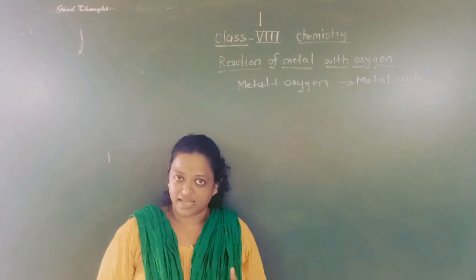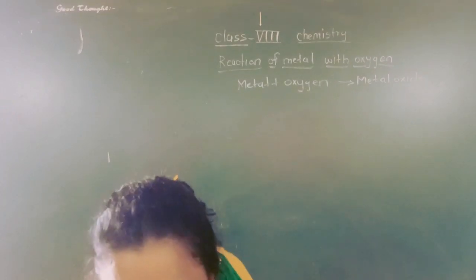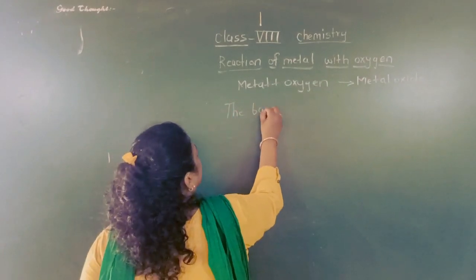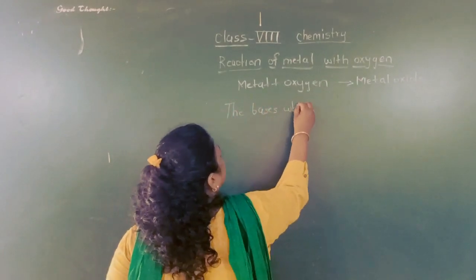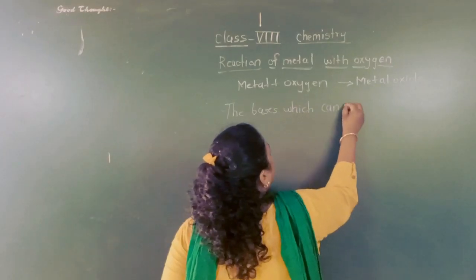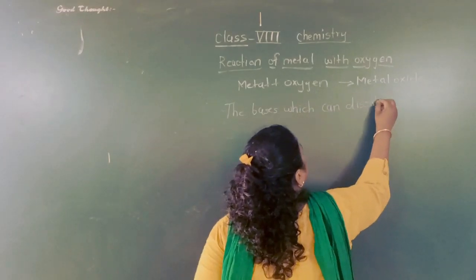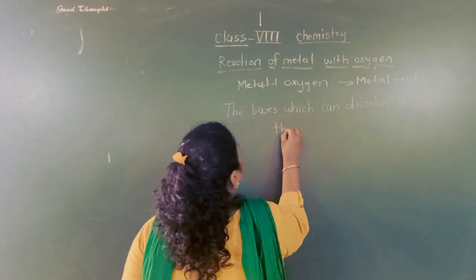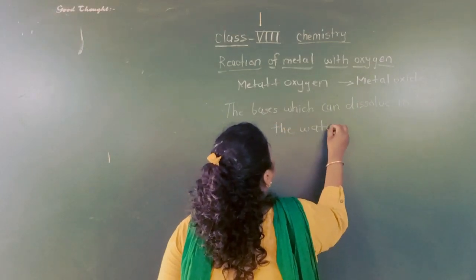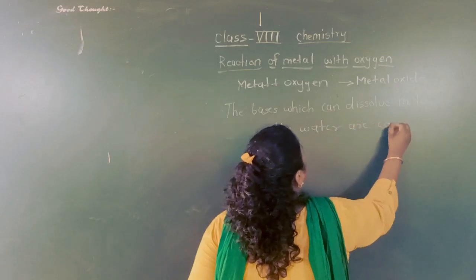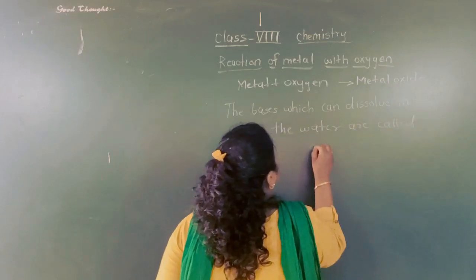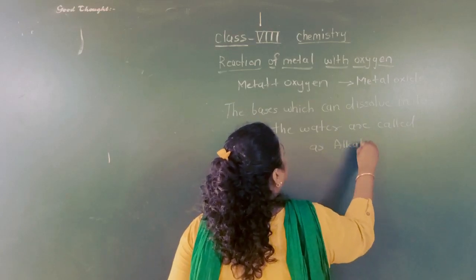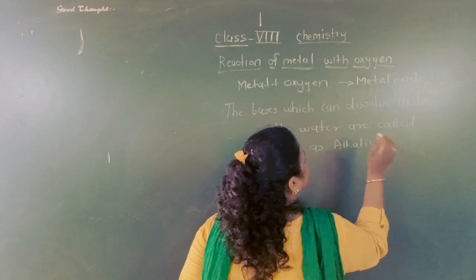Right? So sodium hydroxide and potassium hydroxide are called what? Alkali. What is the concept of base? The bases which can dissolve into the water are called alkalis.